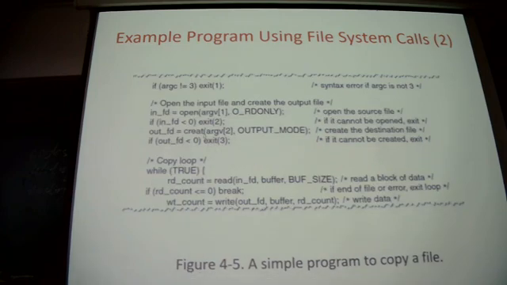We create it and return a value, out fd. Similarly, if this value is smaller than 0, it means we failed to create this file XYZ, and we just exit. Otherwise, we continue.